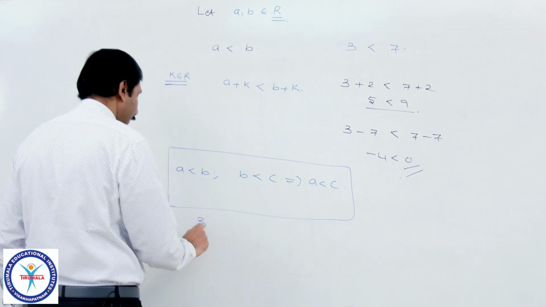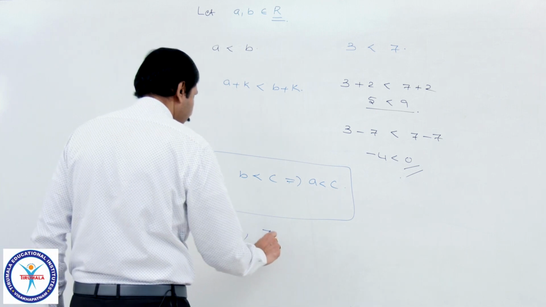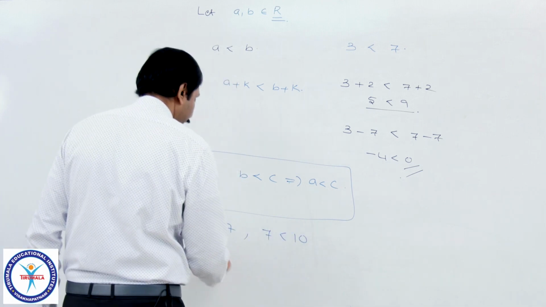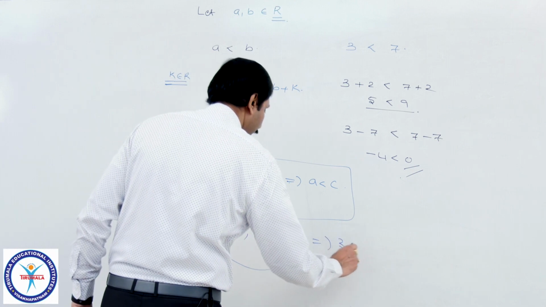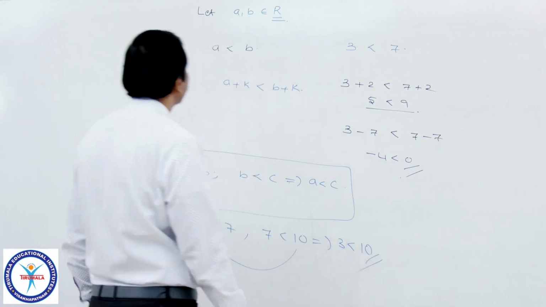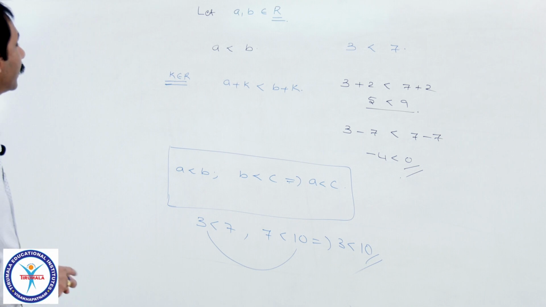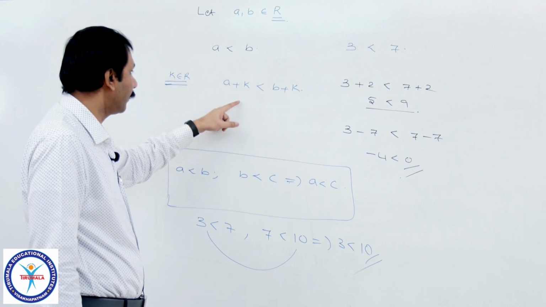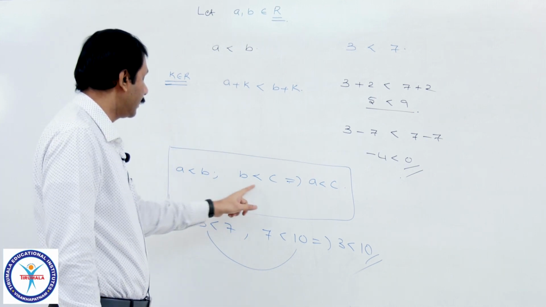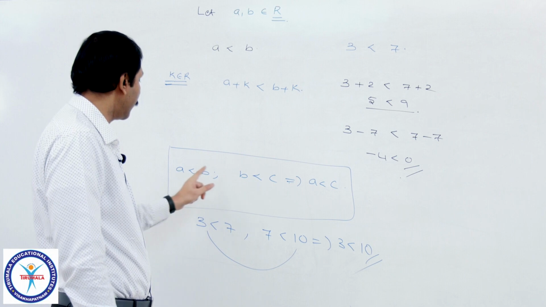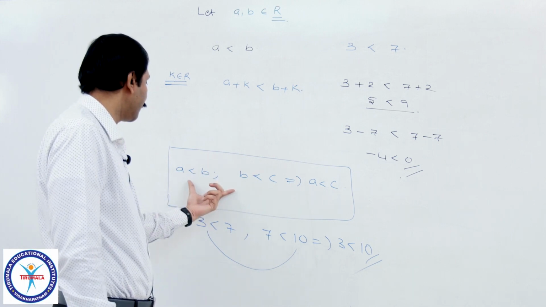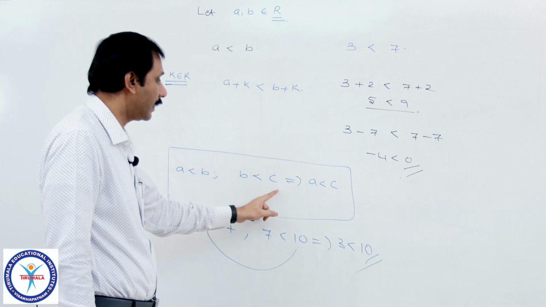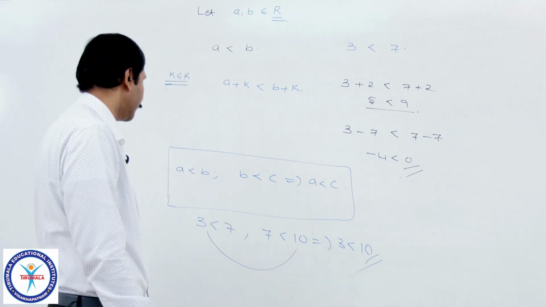If you take 3 less than 7 and 7 less than 10, yes, from these two comparisons, 3 is less than 10. So, multiplication for an inequality we have seen, addition or subtraction for an inequality we have seen, and comparison between two inequalities: when a less than b, b less than c, we can find a relation between a and c, a less than c.